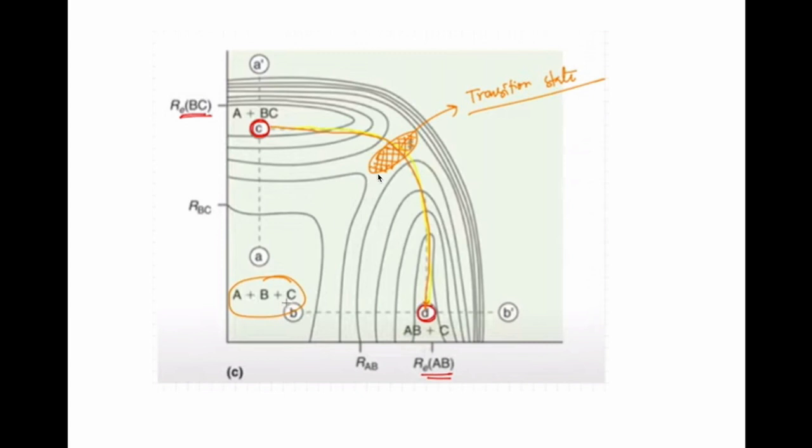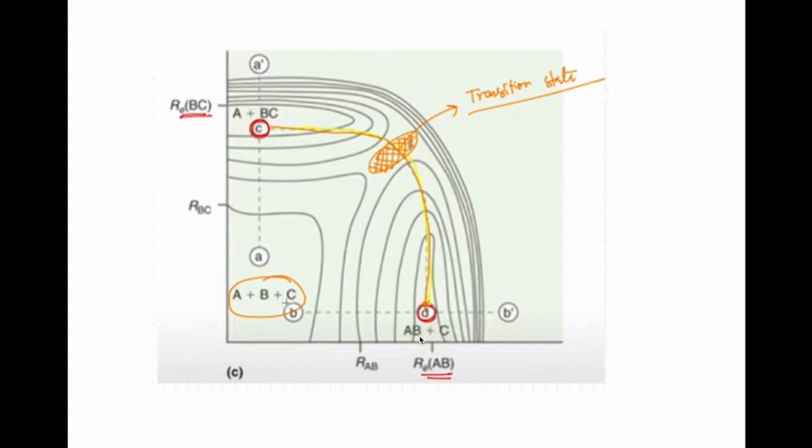If we make it a two-dimensional diagram, we can see that A reacts with BC and goes through this reaction path. At this point, there is A, B, C. A transition state is formed in between these contours and again goes through this reaction path.